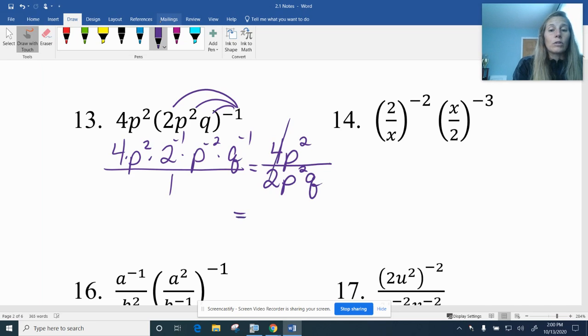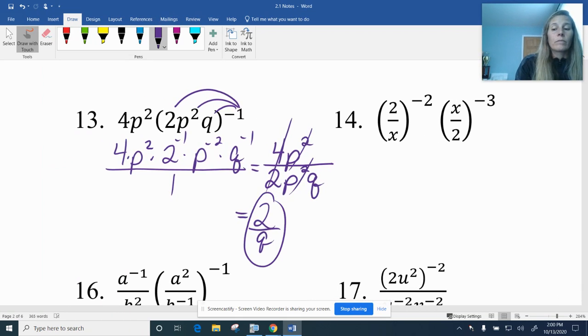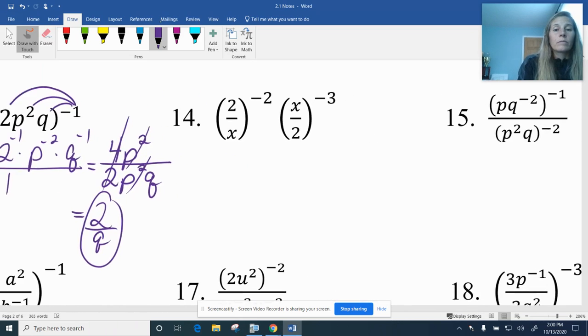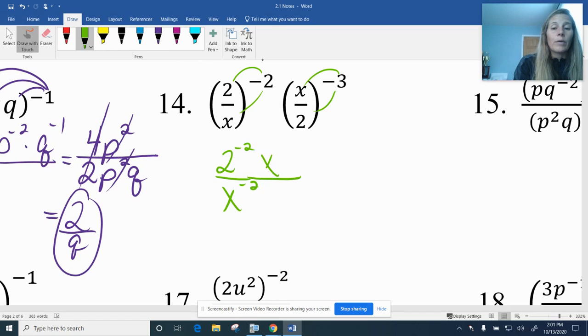Now I can just reduce this, making that a 2. The p's cancel, and so I'm left with 2 over q. Okay, getting rid of those parentheses, so I have 2 to the negative 2 over x to the negative 2, and then over here on the top, I have x to the negative 3 and 2 to the negative 3.